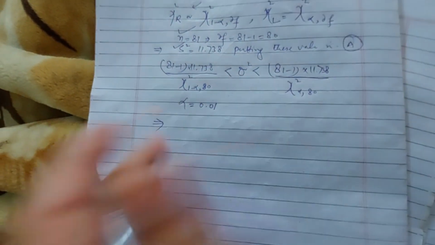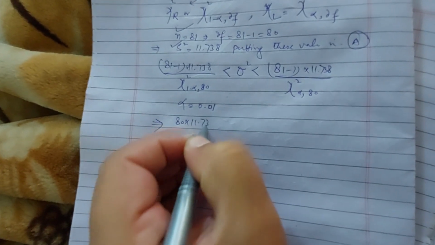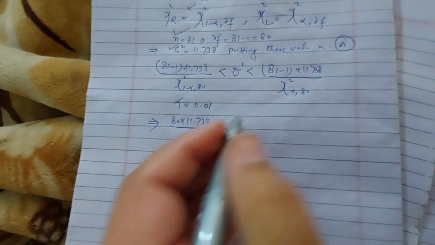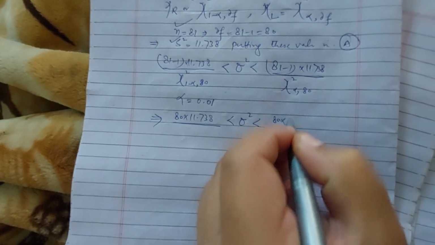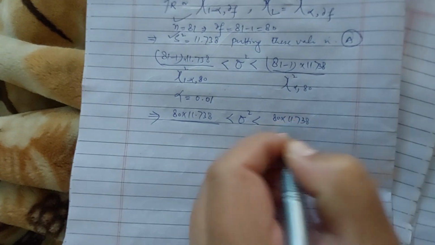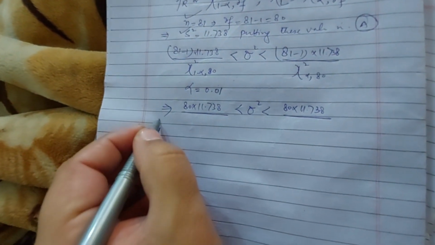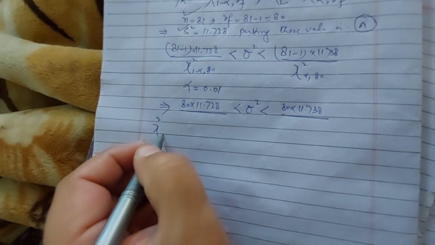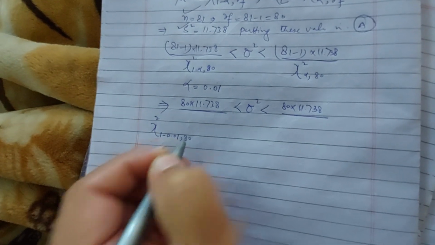So we have 80 into 11.738 divided by this value and this value. Now we need to find chi square of 1 minus alpha, which is 1 minus 0.01, and 80.